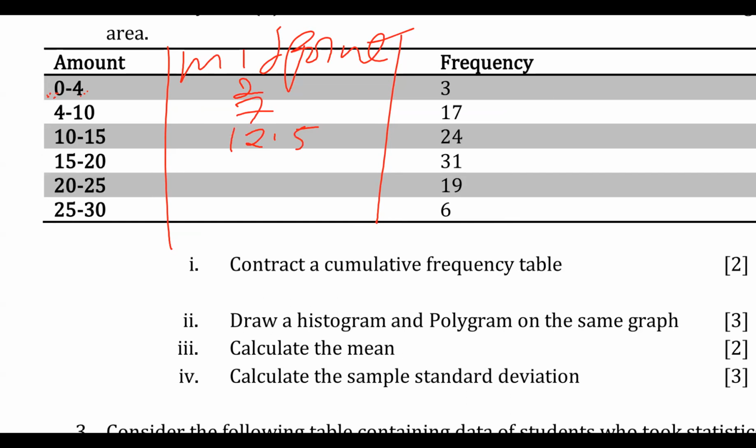And 15 plus 20 is 35, divided by 2 gives us 17.5. Then 20 plus 25, which is 45, divided by 2 gives us 22.5. And then 25 plus 30 gives us 55, divided by 2, we have 27.5.